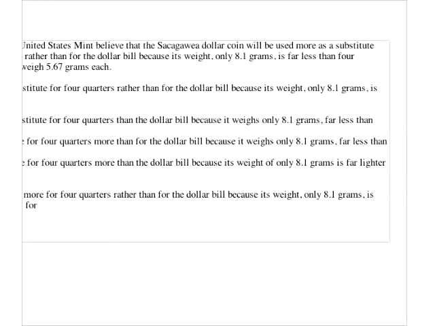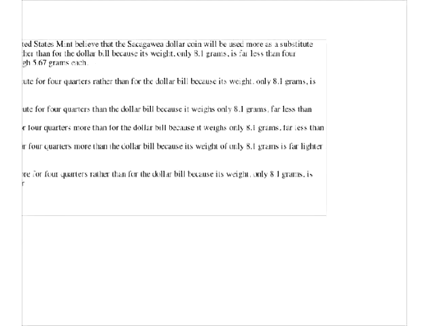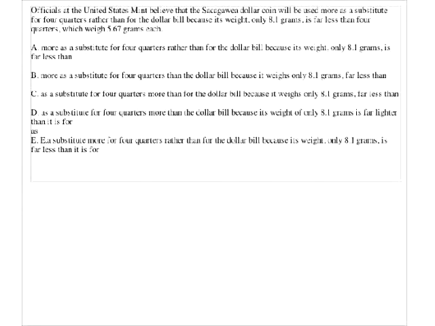That way we're all going to look at the same stuff. Okay, here's the problem. It's from GMAT Prep. It's about the Sacagawea dollars. Go for it. It's a little bit longer, so I'll give you about a minute and a half. Go for it.